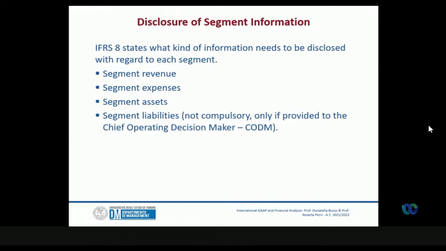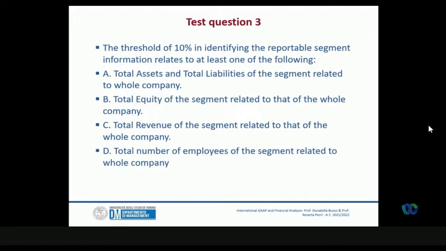The approach is not to put so much burden on the preparers of financial information, but to take whatever they are already preparing and providing as information to the internal structure that make decisions about the segments, like for example, the chief operating decision maker. Whatever is being used by them as information, that is also going to be reported. Okay, so remember this approach, that is always really very important.